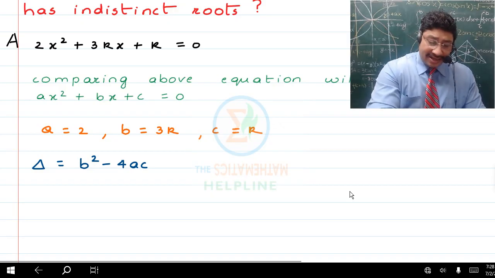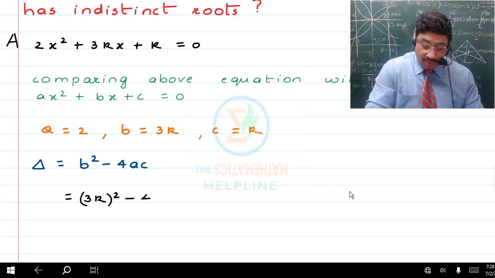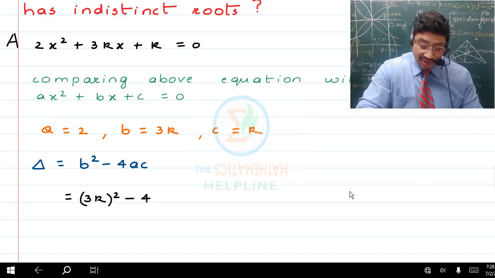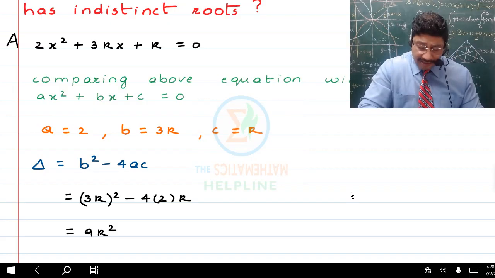Keeping these values, we get delta to be b squared, which is 3k whole square, from which we subtract 4 times a, that is 2, times c, which is k. Further, when we write this, we get 9k squared, from which 8k is subtracted.